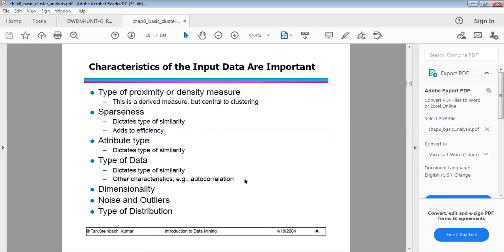Outliers means that when particular data points are grouped together, that is called a cluster, and data points outside the cluster are called outliers.